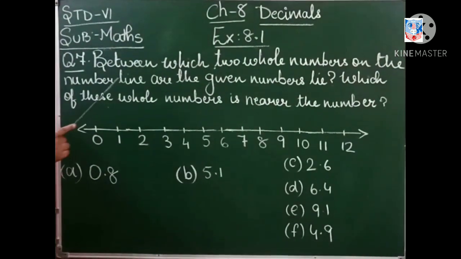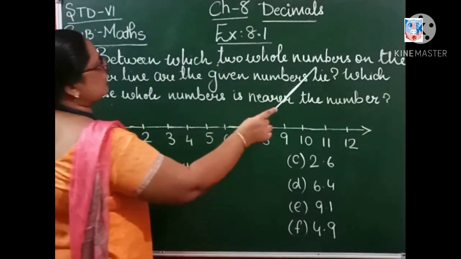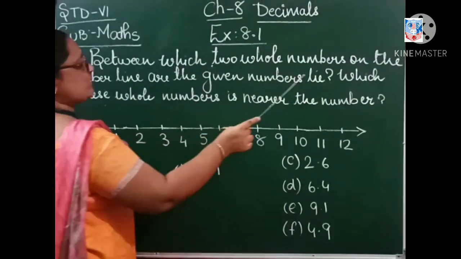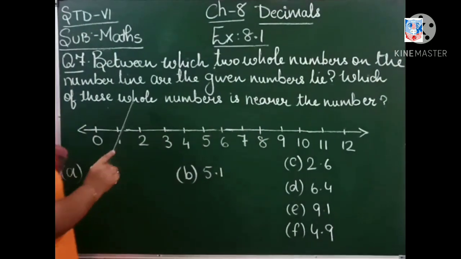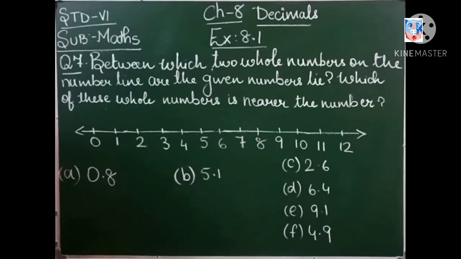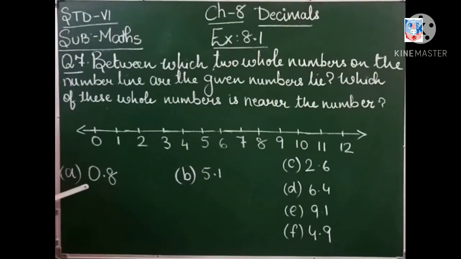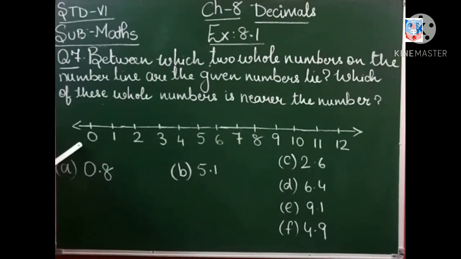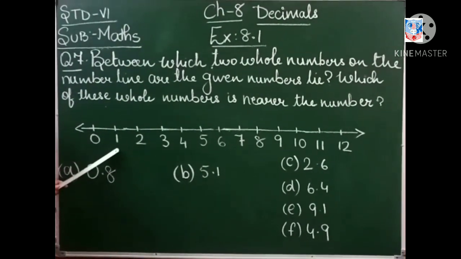Question number 7. Between which two whole numbers on the number line do the given numbers lie? Which of these whole numbers is nearer the number? Now our first question is 0.8. 0.8 means more than 0 and less than 1.